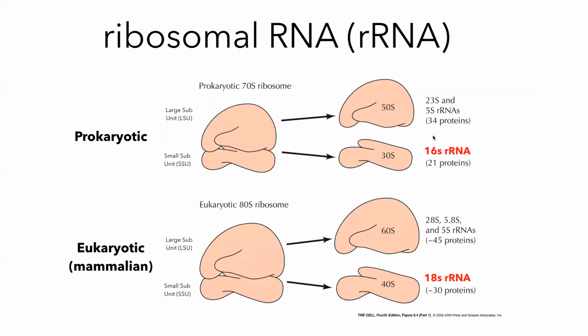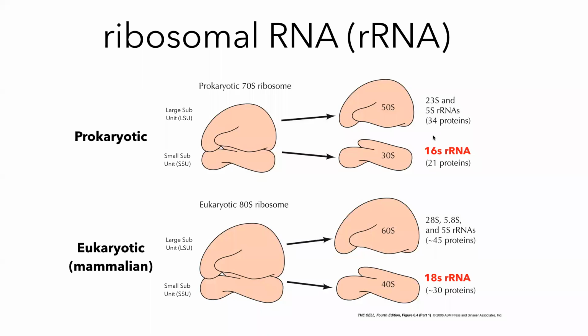What is ribosomal RNA? So the ribosome, of course, is a protein complex that produces proteins. So it goes to the RNA, mRNA, and we know that the prokaryotic ribosome contains two portions, the large subunit and the small subunit.